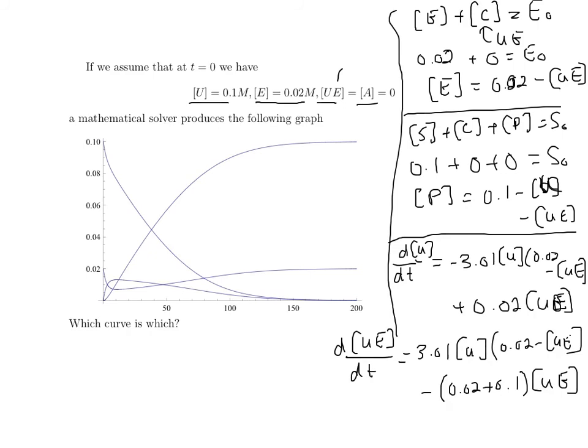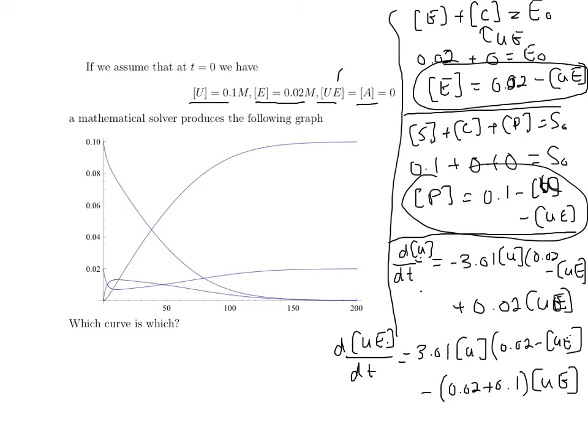So we have two differential equations for U and UE, and once we know what U and UE are, we can use this formula to figure out the amount of enzyme, and we can find our amount of product. These equations are sufficiently hard that we can't solve them by hand. Instead, we rely on a computer to solve them.